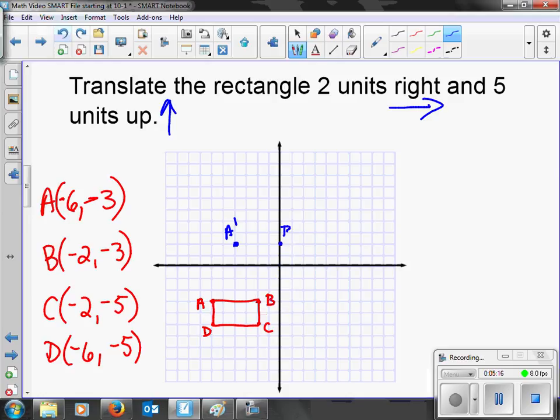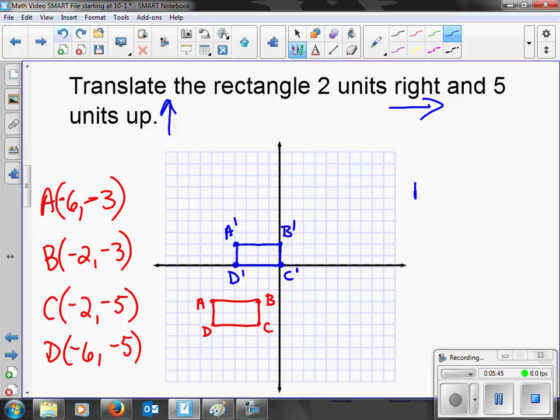So that's B prime. And then C, again, 1, 2, and then 1, 2, 3, 4, 5. Right on the origin. Remember that middle is the origin, so that's C prime. And then D over 2, up 5, right on the y-axis. So that's D prime. Okay, and we connect all the dots there.